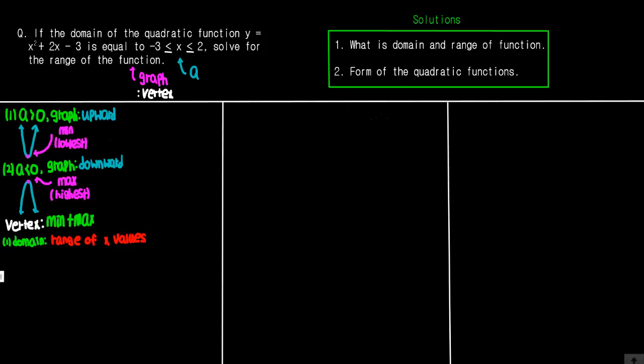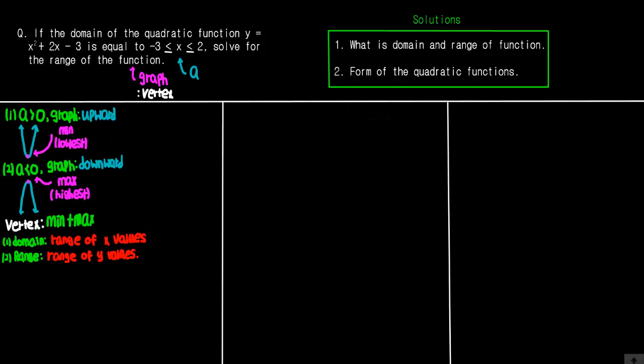The second one is the range of a quadratic function. The range is exactly the same concept as the domain, except it is the range or limitation of y values. These are the differences between the domain and the range of our quadratic functions.